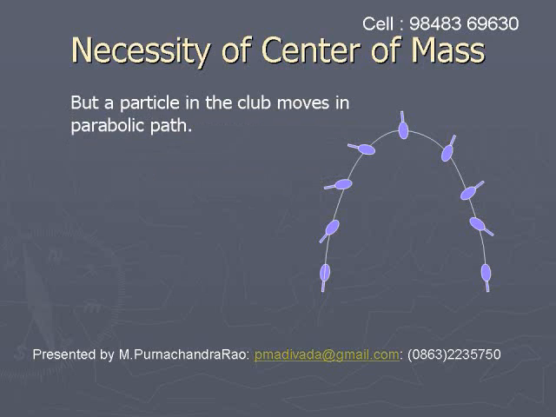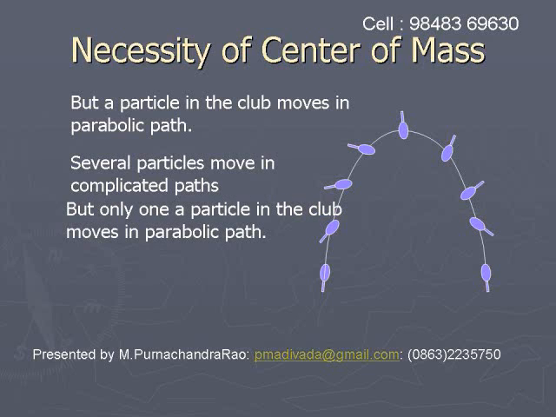And if we carefully observe, a particle in the club moves in a parabolic path. Several particles of the body move in complicated paths, but only one particle moves along a parabolic path.